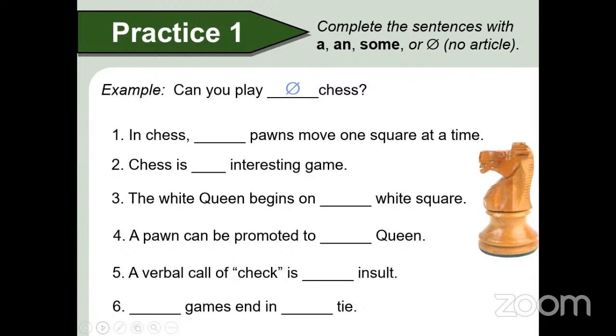Number one: in chess, no article? Yes, no article. Pawns move one square at a time. Yes, right, the pawns. Pawns move one square at a time.